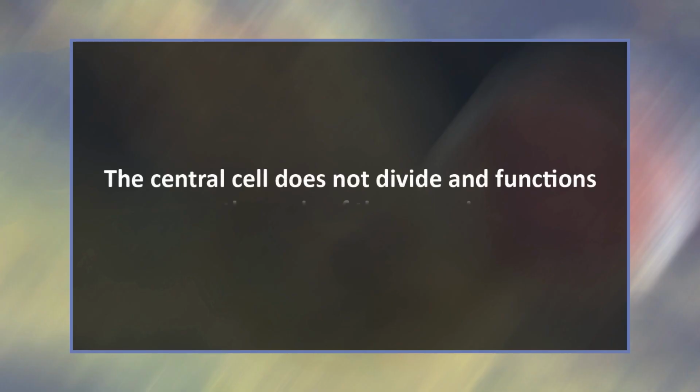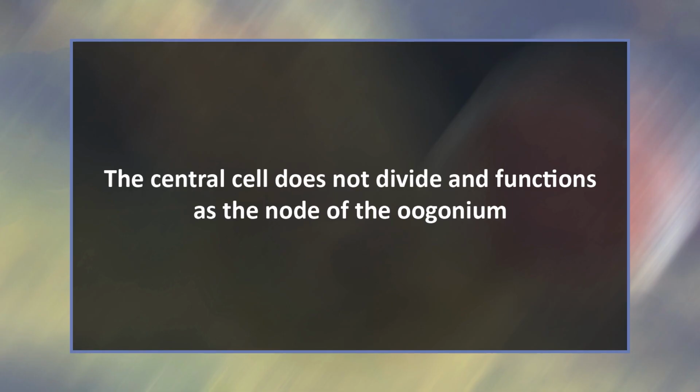The pedicel does not divide further and makes the pedicel of the oogonium. The middle nodal cell, under many vertical divisions, makes 5 sheath cells or peripheral cells which surround the central cell. The central cell does not divide and functions as the node of the oogonium.